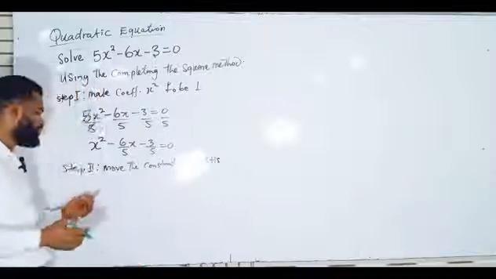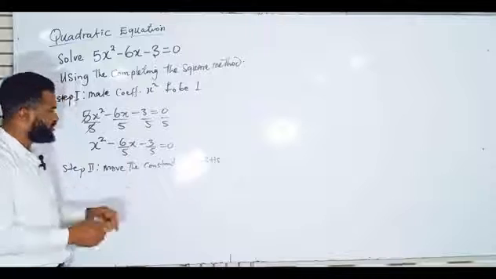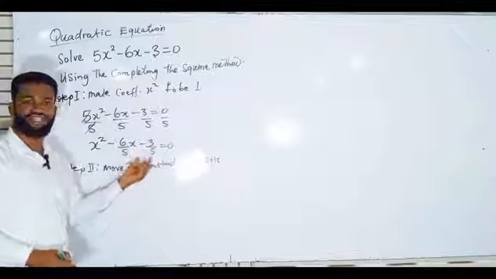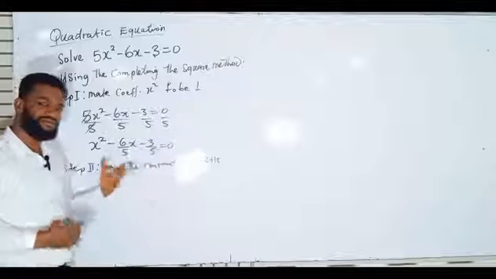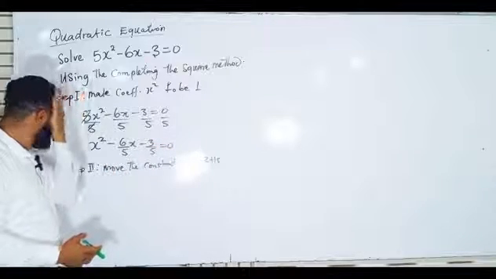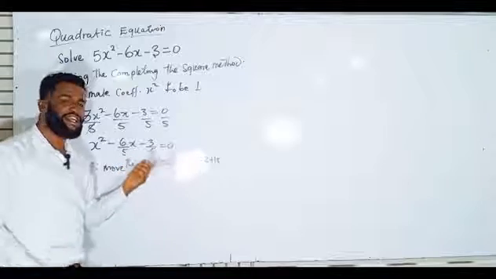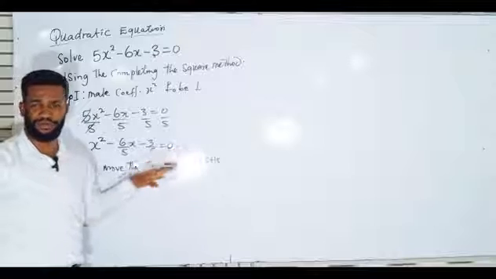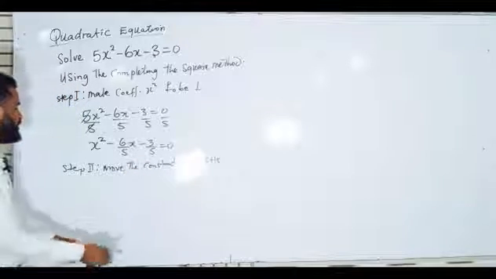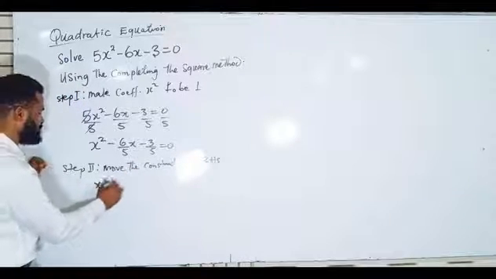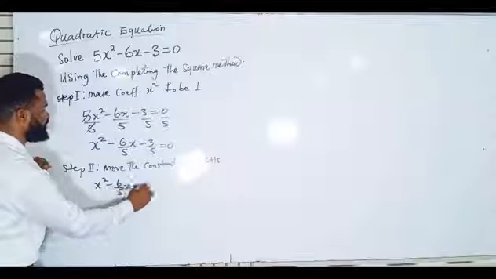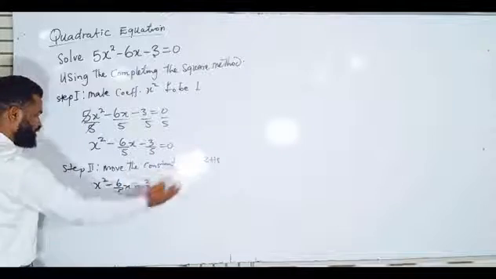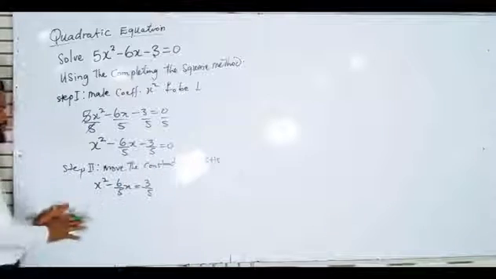Since it's minus, we are adding 3 over 5 to both sides of the equation. So I'm going to have x squared minus 6 over 5 x is equal to 3 over 5. Carry minus to this side and it becomes plus. It's the same thing. Now you are done with this step.